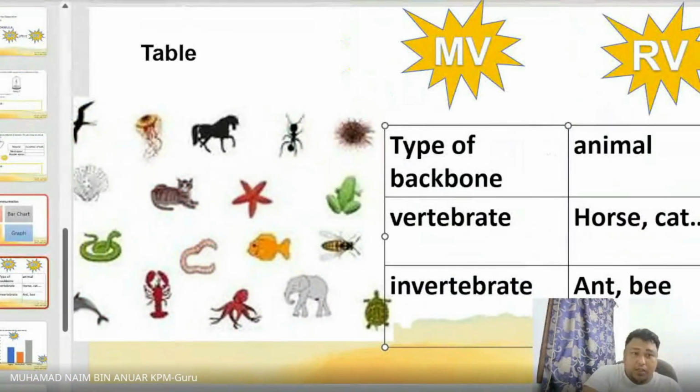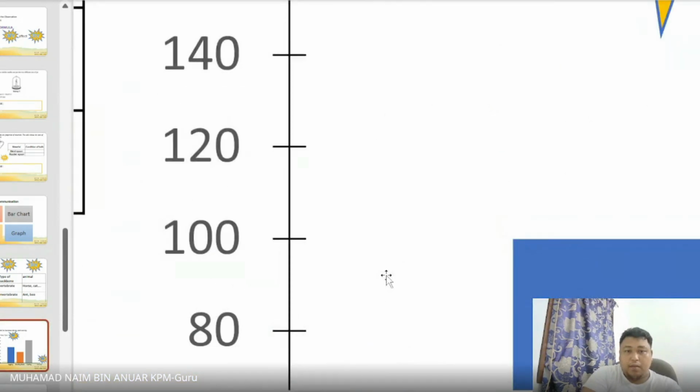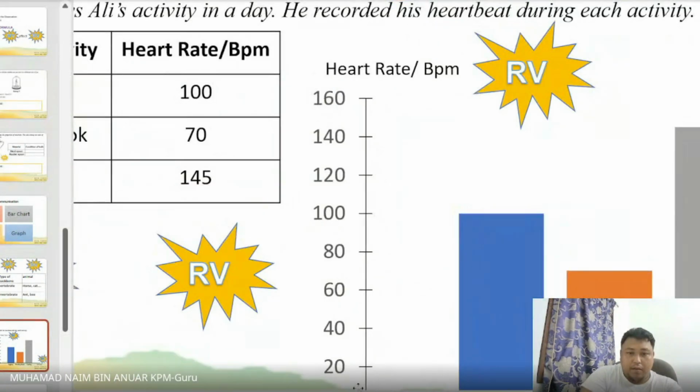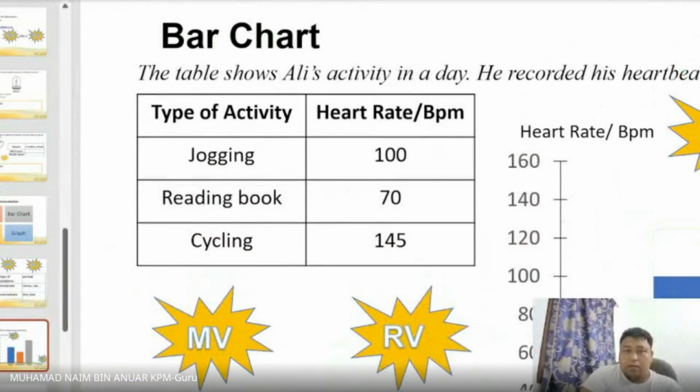Let's see this question. We done this question just now. Type of activity and heart rate beat per minute. Now, left side is MV, right side is RV.